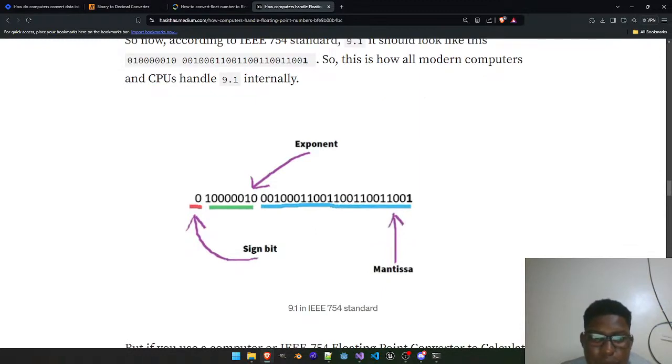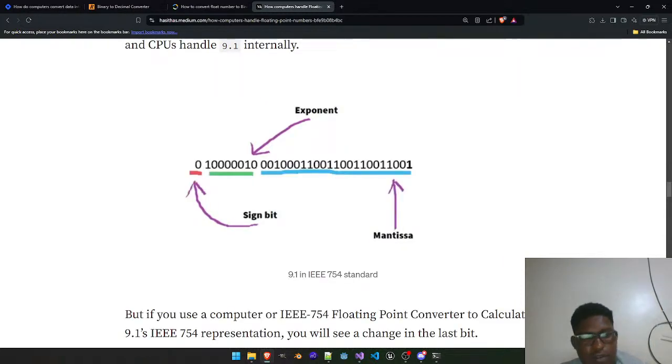And then now we have our mantissa, which is what is repeating here. Yeah, I think that makes sense. So we have our sign bit, we have our 8 bits telling us what exponent it is, and then we have our mantissa, which is basically the conversion of a floating point number into binary.